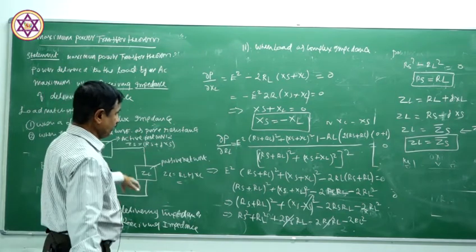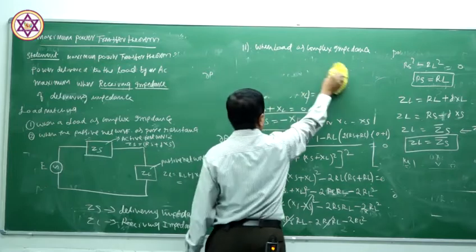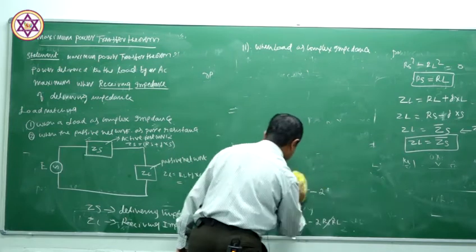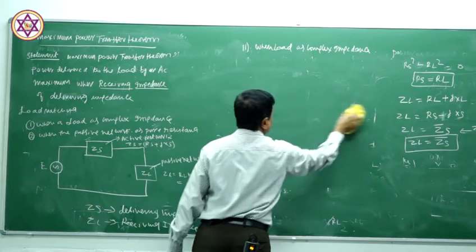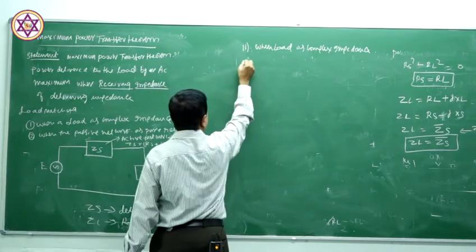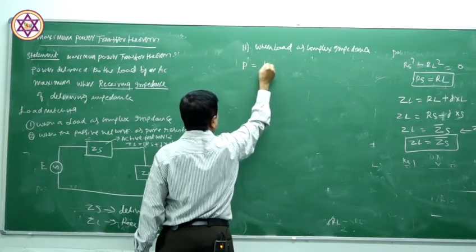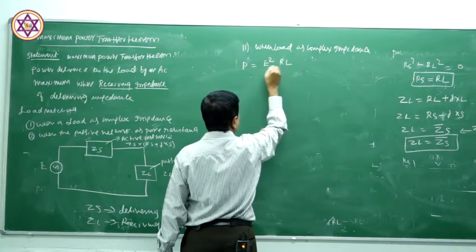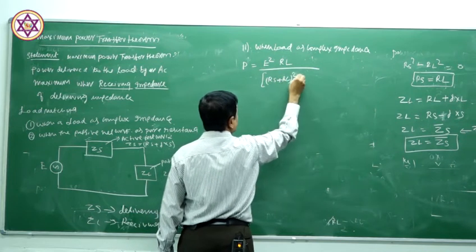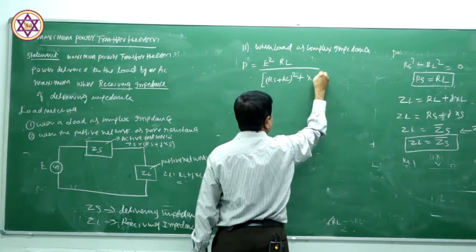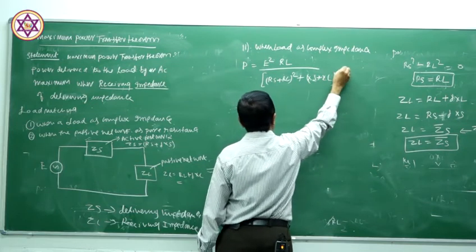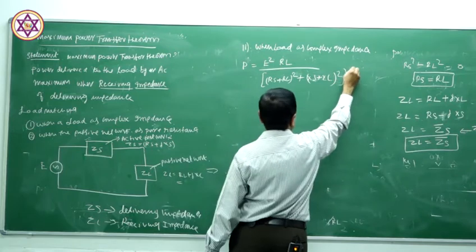Let us go to the second part of proving it. P is equal to E squared RL divided by (RS plus RL) the whole square plus (XS plus XL) the whole square.